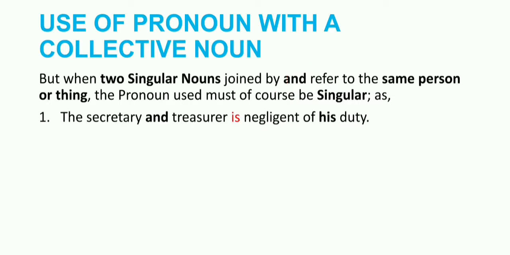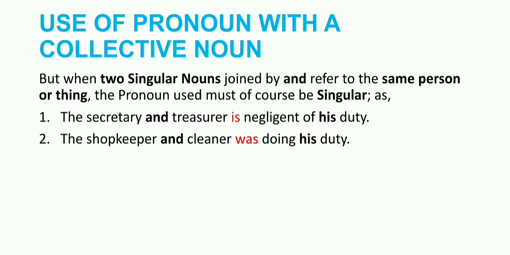The example is, the secretary and treasurer is negligent of his duty. Here the verb is highlighted. The verb will be singular in number, and the pronoun will also be singular in number.